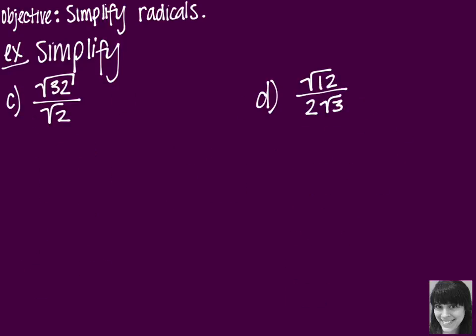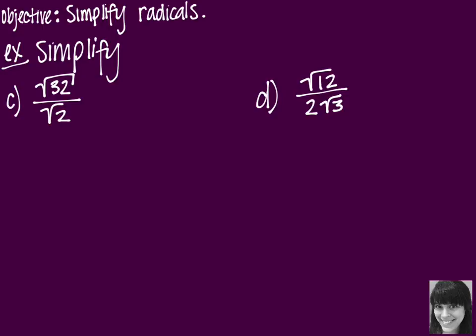Okay, simplify. I have the square root of 32 divided by the square root of 2. Yep. So, I want to make this just one full number. Okay? I don't like the fact that there's a square root of 32 and a square root of 2. I just want it all 1. So I'm going to simplify it. Okay?